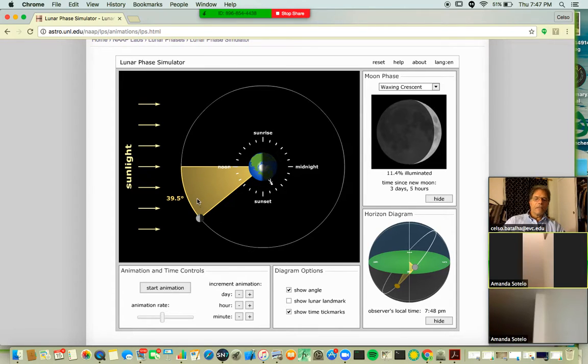So 1 day later, the moon moved forward in its orbit, right? And if you go back to the original position, the moon I see in the sky is going to be a little bit more to the east, if you observe 1 day later.